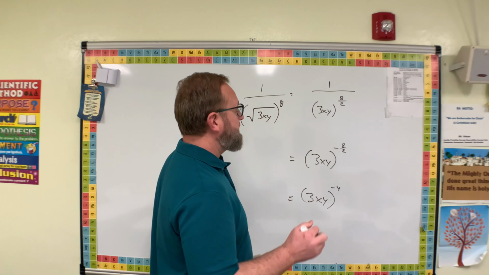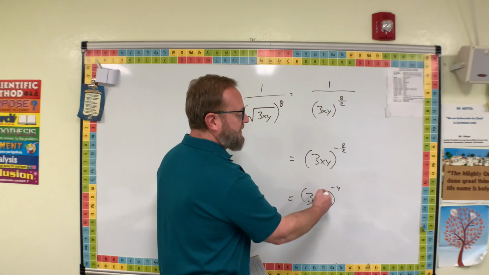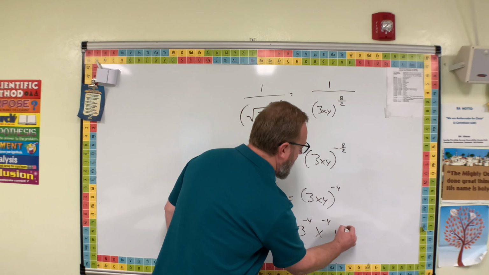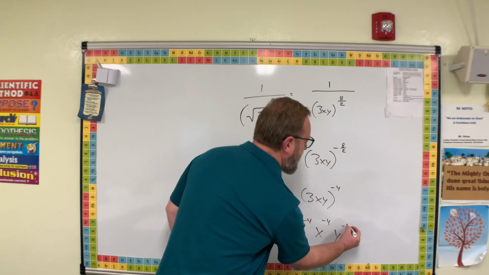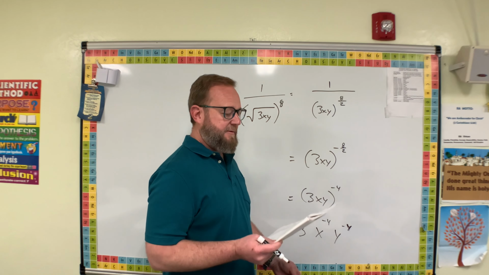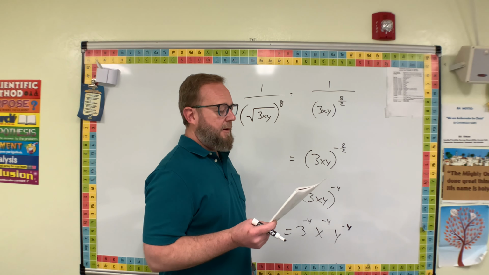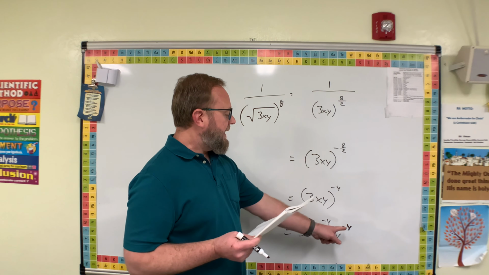Now, since we are practicing writing out the distribution of this exponent, what I can write for my answer is 3 to the negative 4, x to the negative 4, y to the negative 4. We're practicing writing it out that way so we understand that these are equivalents. Now, can you do anything more with that?